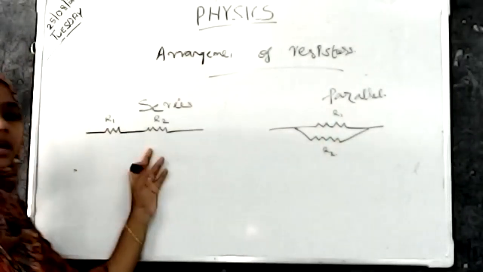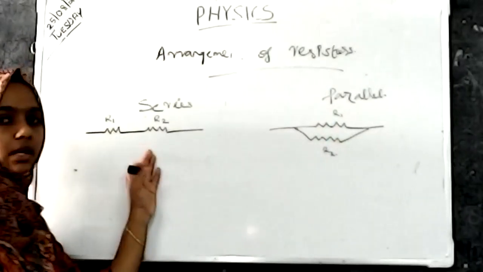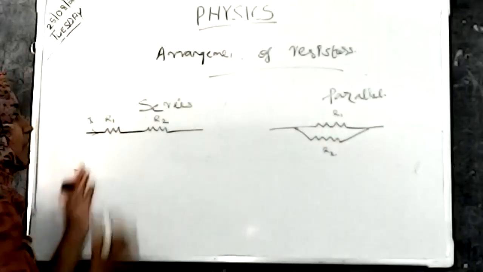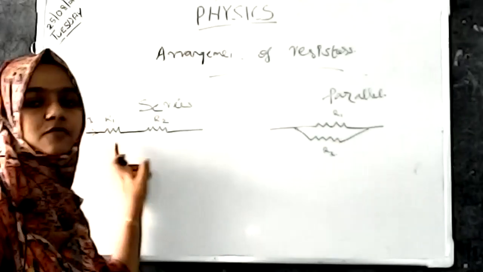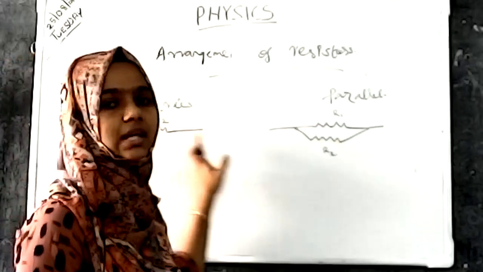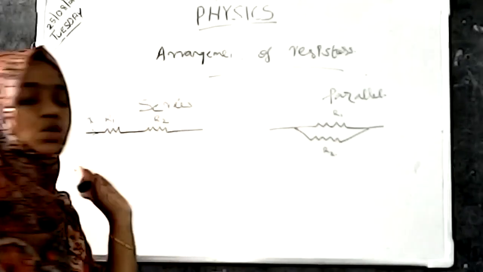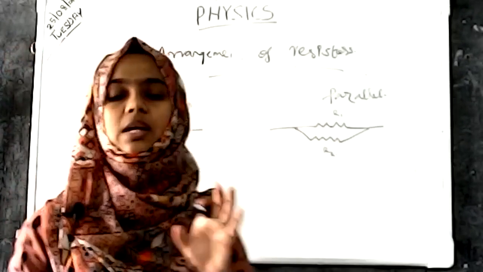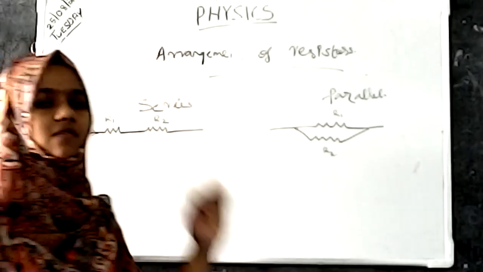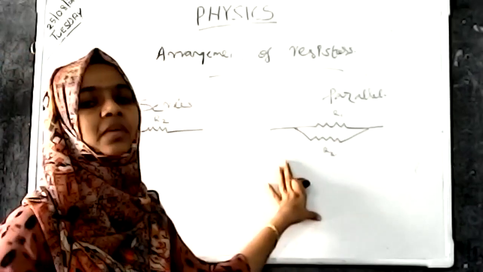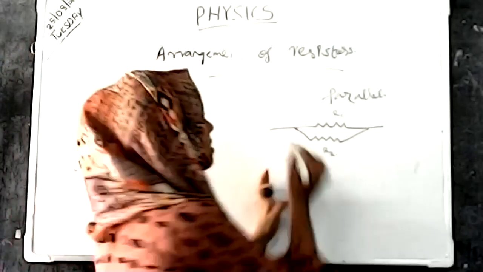When we apply current to this circuit, here the current is I and the same I is flowing through the first resistor and the second resistor. So here the current is the same through the two resistors: I in R1 and R2. But in parallel connection, the current splits.